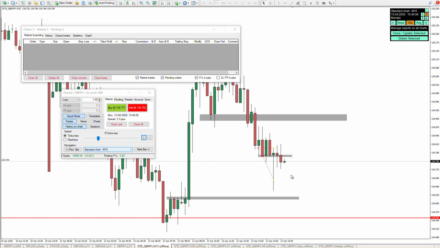So can we get the wick fill? Feels to me like a cowboy trade, but we are just 45 minutes into New York, rejecting this range.